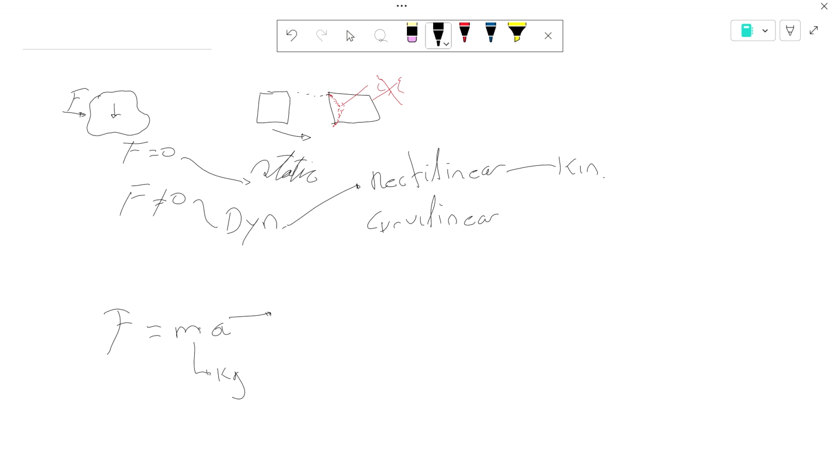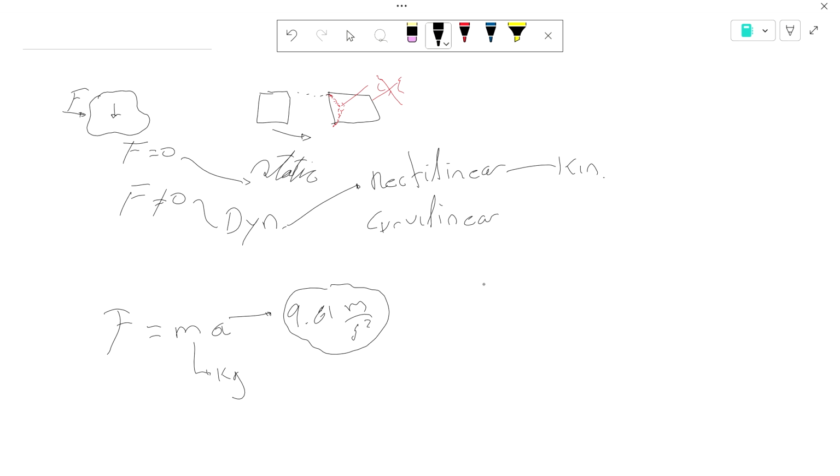If it's here on Earth, then you use 9.81 meters per second squared as a general constant, because you can be much more detailed and have different gravity constants depending on where you are. But this is a good approximation to a general value.